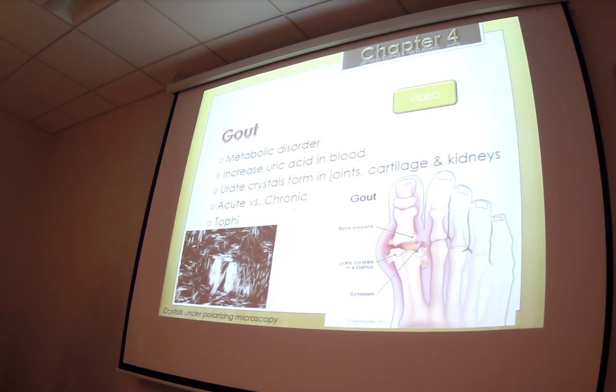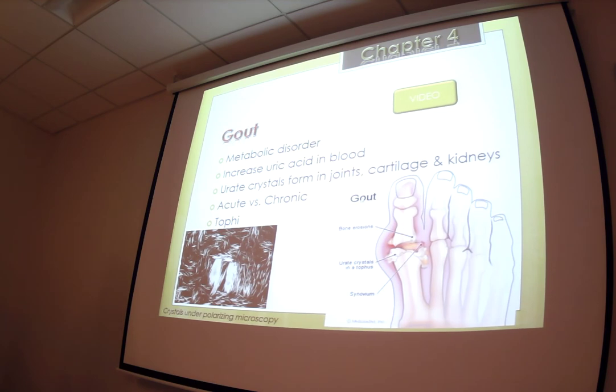So inherited means you get it inherited from your parents. Reactive means that it's either caused by other diseases or treatment processes that you undergo. Tophi is just a buildup of chalky material that form lumps below the skin near the joint.